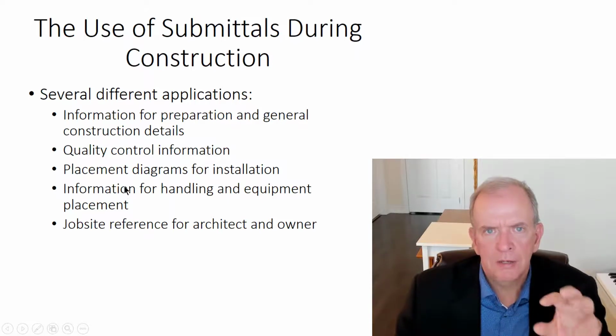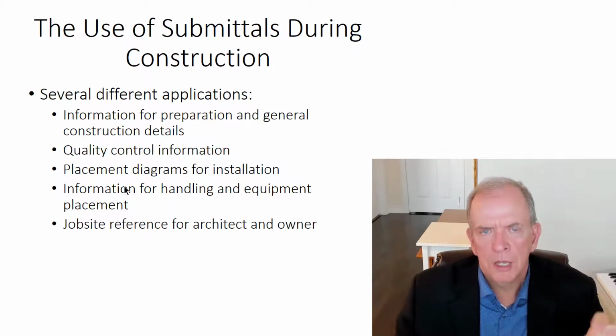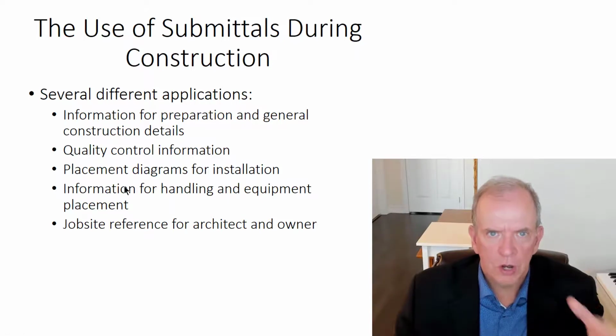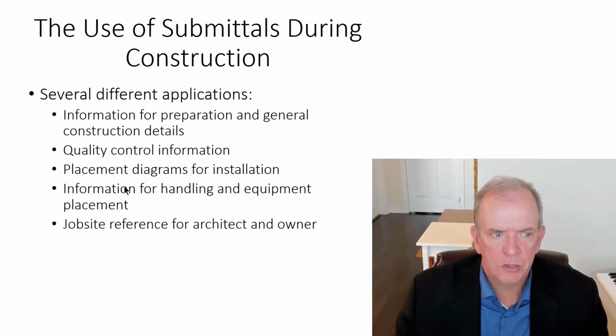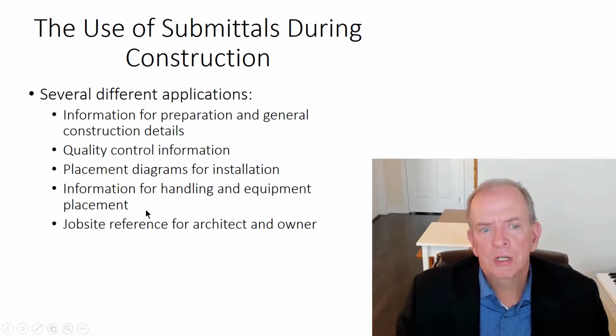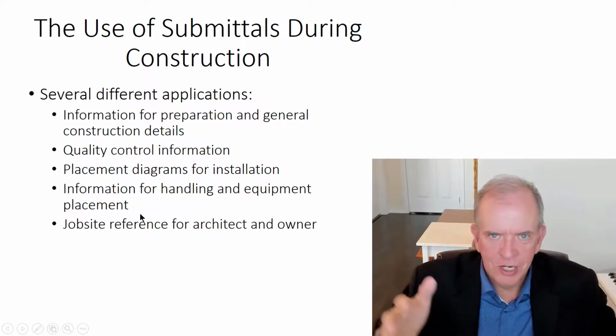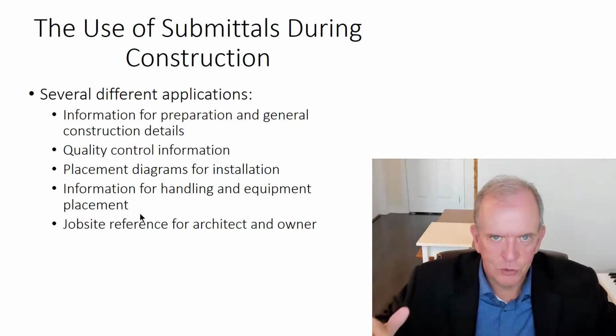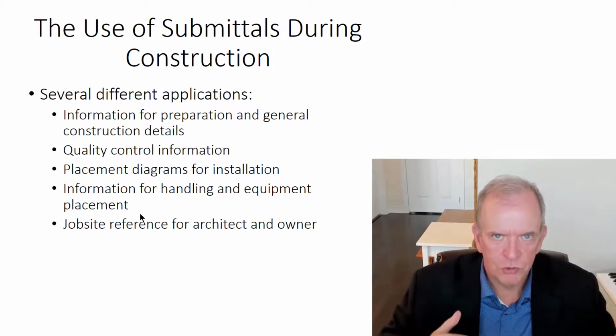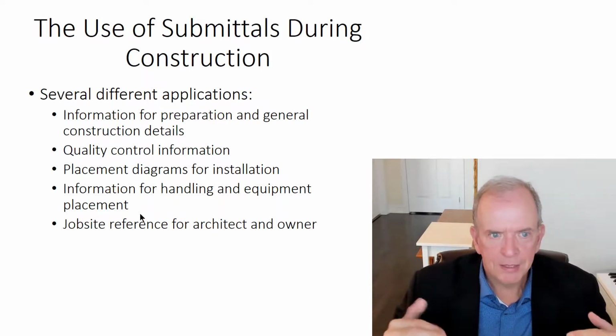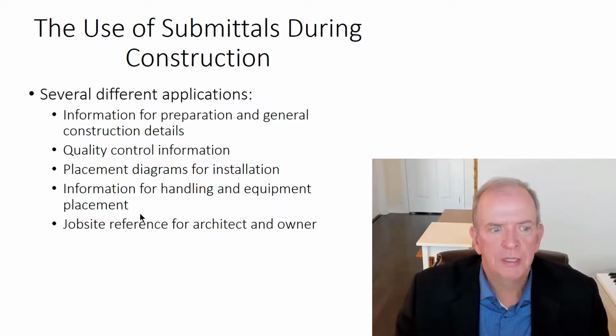I kind of gave you an idea of that where we talked about the precast concrete in the last lecture, lecture 3A. Information for handling and equipment placement. That was even in 3A, where it showed the staging area for the precast, and you might have to shore up the roof of one section to ensure it can have the weight capacity. These kinds of things come into place. And any job site referencing.